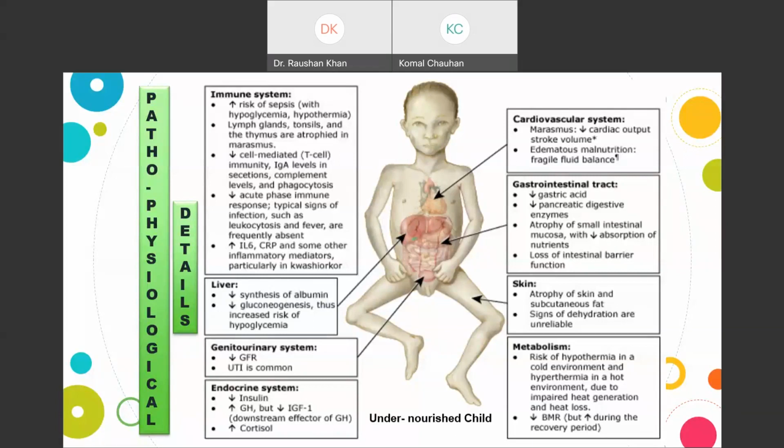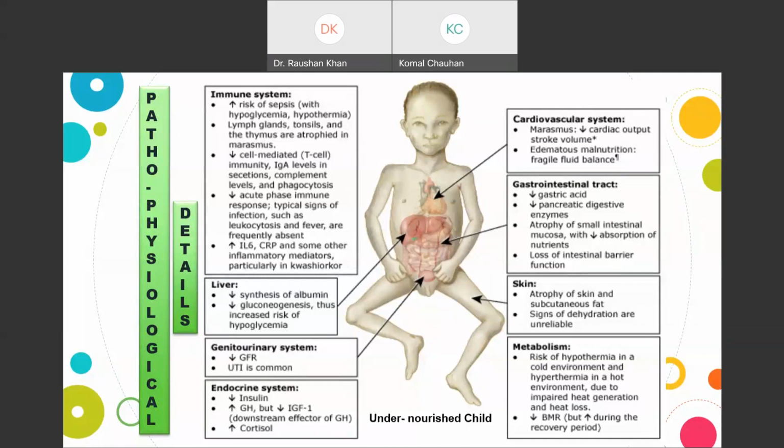The endocrine system is also compromised because of decreased insulin production in the body, and the growth hormone is increased, but the insulin like growth factor is reduced, and this is due to the downstream effect of the increased growth hormone. The cortisol level of the body is also increased.